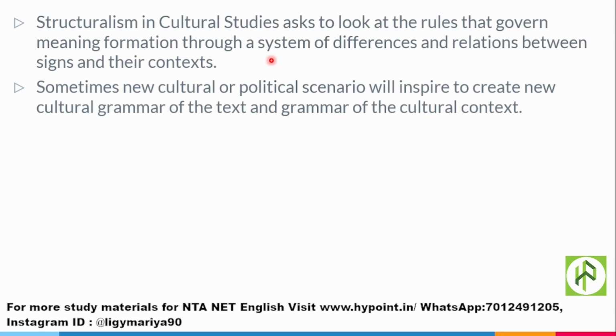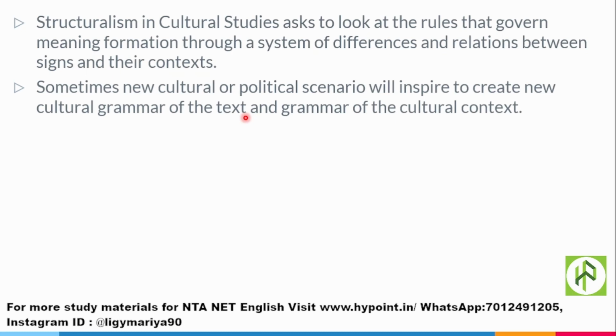You can arrive at meaning through differences and relations, and how these differences and relations, this system of structures, are governing meaning production. So that's what structuralism is asking in cultural studies. Sometimes a new cultural or political scenario will inspire the creation of a new cultural grammar of the text and grammar of the cultural context.